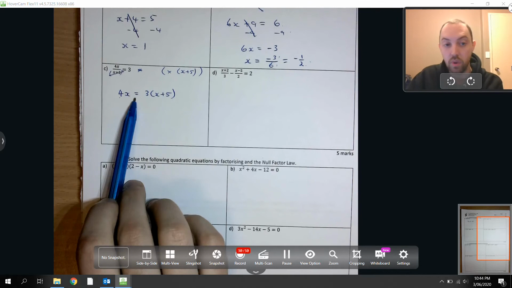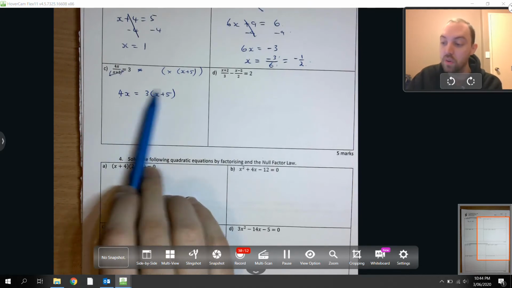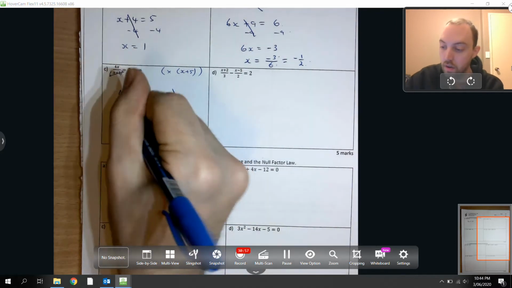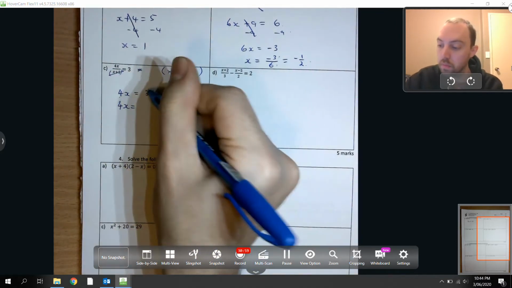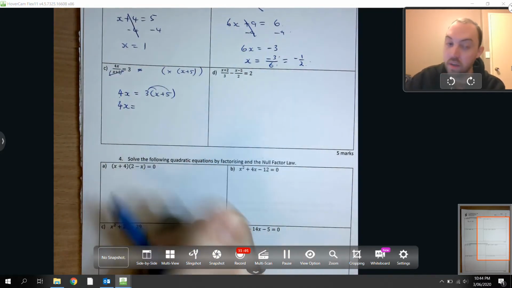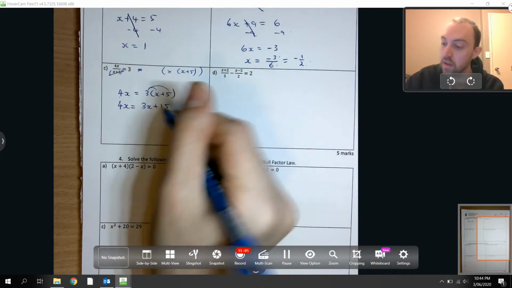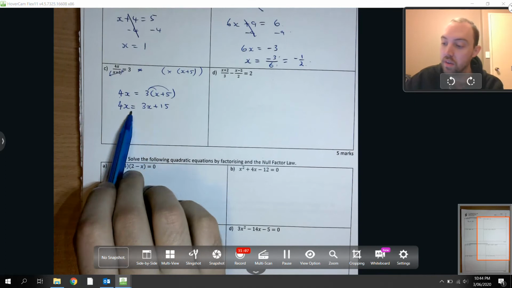X is in 2 locations, and it's also tied up inside of a bracket, so we need to get it out of there. 4x is equal to, multiply both terms, just like we did in question 1. Alright, 3x plus 15, 4x is equal to 3x plus 15.